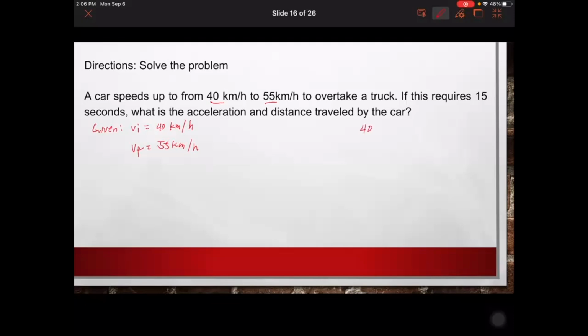We have 40 kilometer per hour times 1 kilometer, times 1 hour over 3,600.